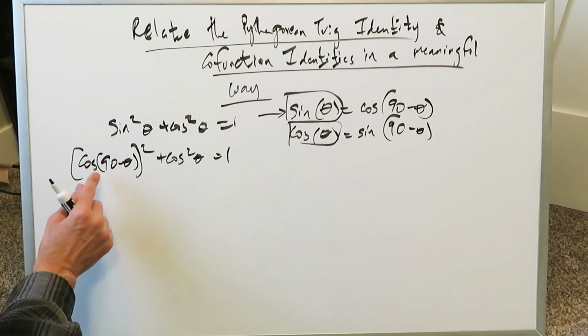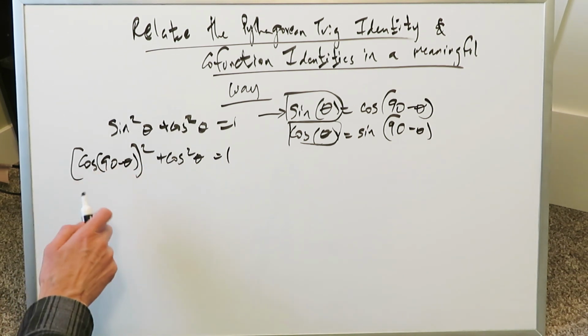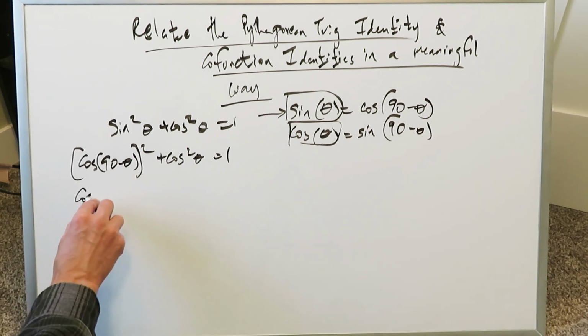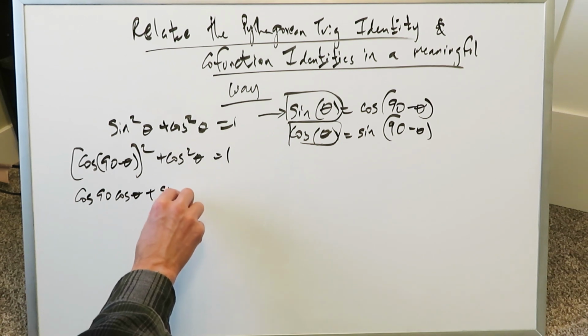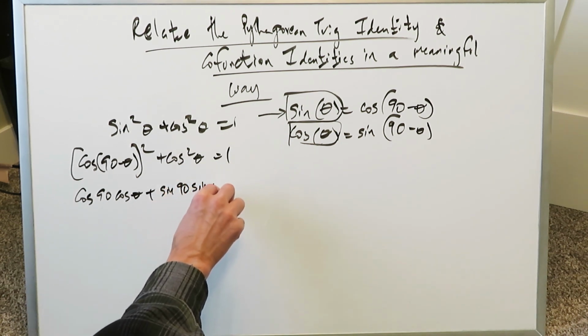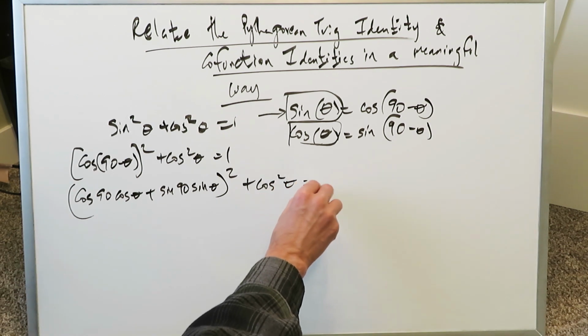You would open this up using the sum and difference formula, trigonometric identities for cosine. When you open this up, you'll have cosine 90 cosine theta plus sine 90 sine theta. All of this is squared plus cosine square theta is equal to 1.